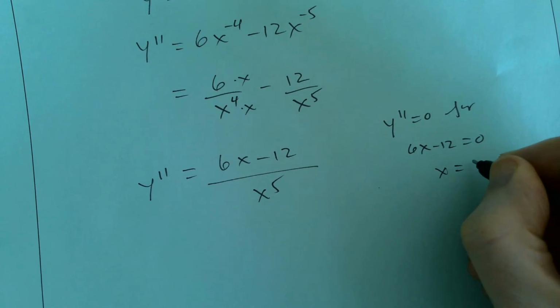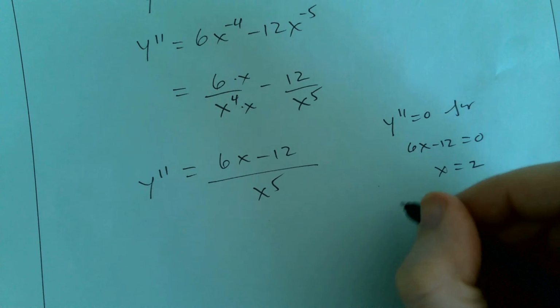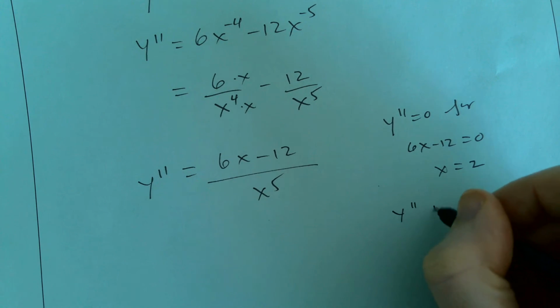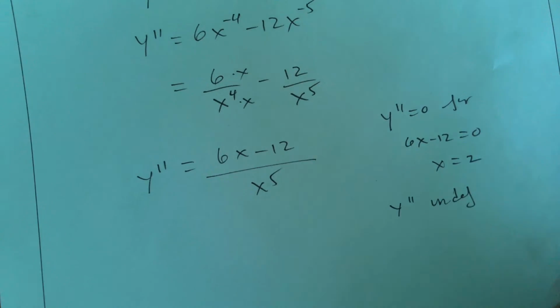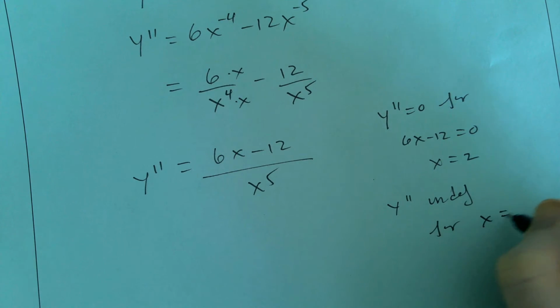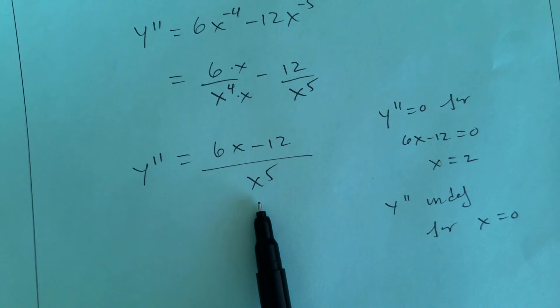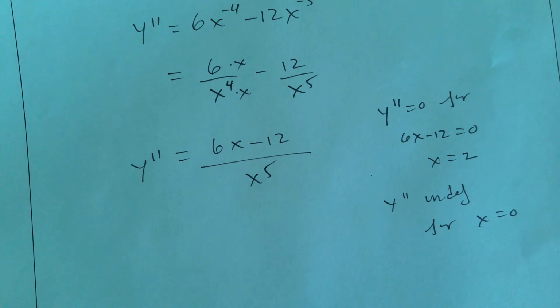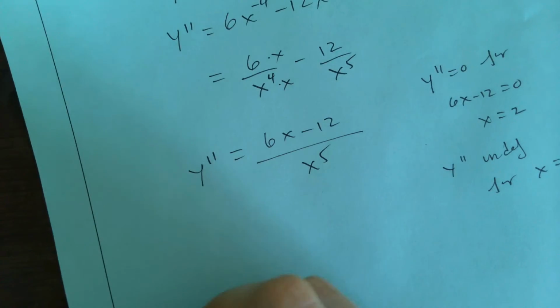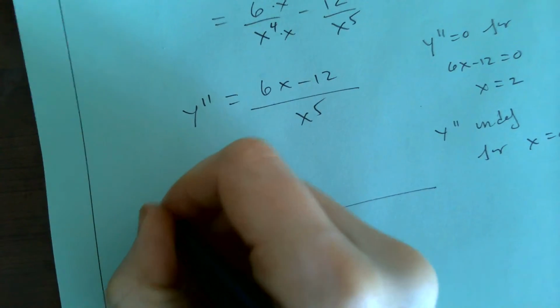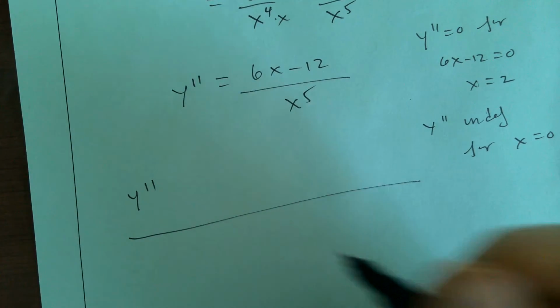So x equals 2 is a critical number. And then y double prime is undefined for x equals 0. For the undefined part, you set the denominator equal to 0. That's when it's undefined.